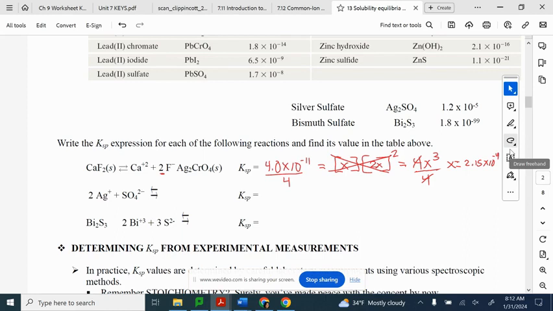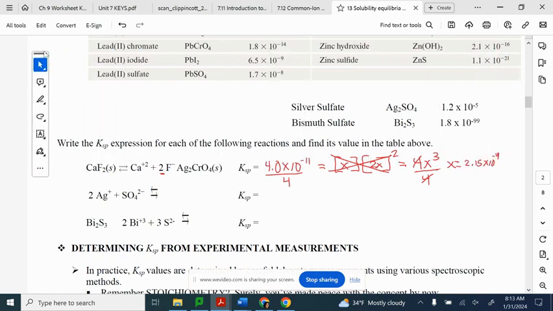I'm going to check my math. What is my unit for that? What's my unit for this? There isn't one.